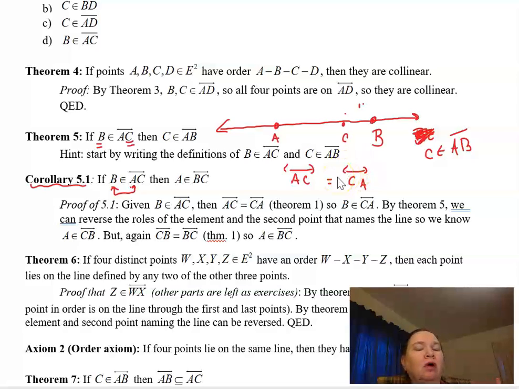And so what that does for me is it says, okay, well, if I've got a point that's on that line, and I have a theorem that says I can switch B with the name of the second point that's used in naming that line, and I want to switch B with A, well, I can just rewrite AC so that A is the second letter, and then now I can use theorem 5.